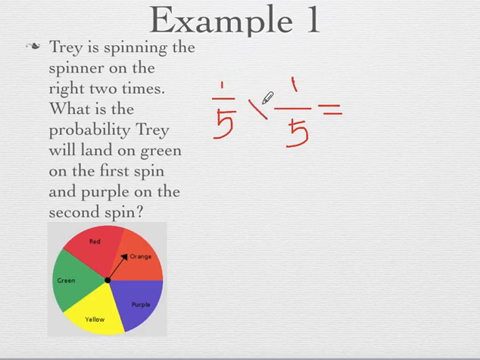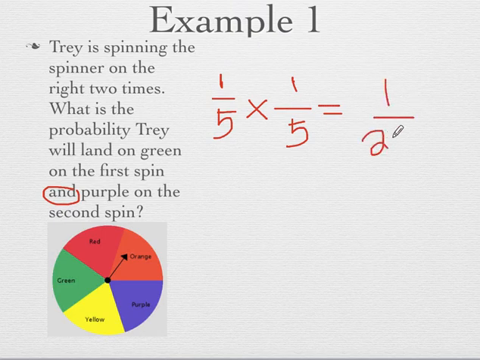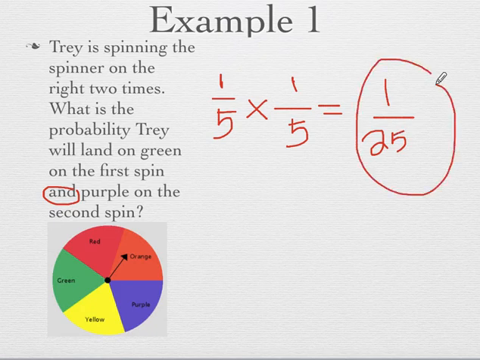You simply multiply, because these are independent events. What's the keyword there? The word and. So 1 times 1 is 1 and 5 times 5 is 25. Out of 25 tries, where each try has 2 spins, first green and then purple, you only have one chance of getting it. So that is our first example.